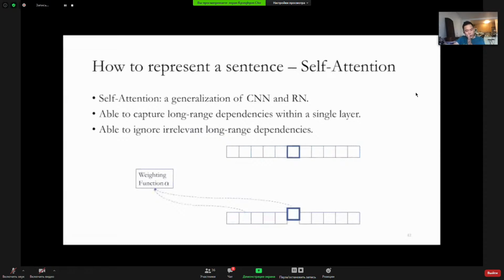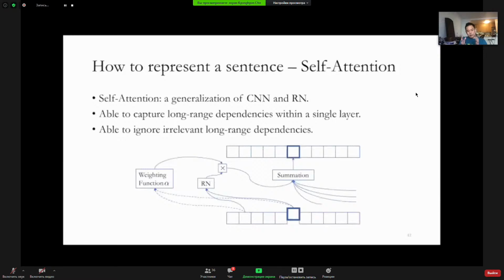So for each location in the input, we're going to look at every pair centered on that one. And then there's going to be a weighting function that is implemented as a relational network. So both of them are implemented as a relational network. And then this weight is going to be multiplied with the vector that you get out of this pair, and all those vectors are going to be summed in order to form the new representation.